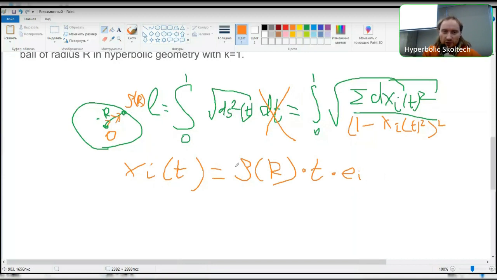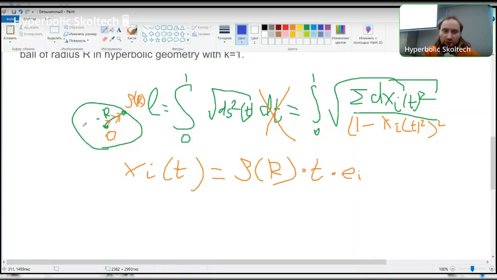So we can also rotate this point and put it somewhere here.